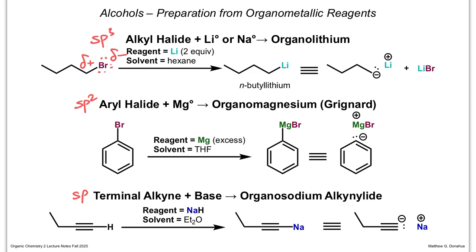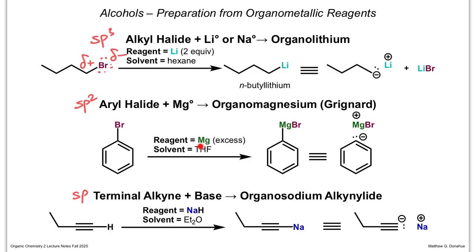So what you'll do in lab is you're going to take an aryl halide. So the benzene ring, aryl is just another short term for aromatic. Now the carbon's sp2 hybridized. Magnesium's in group 2, so it has 2 electrons.